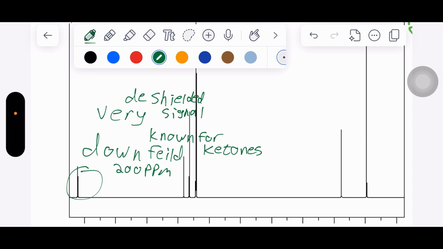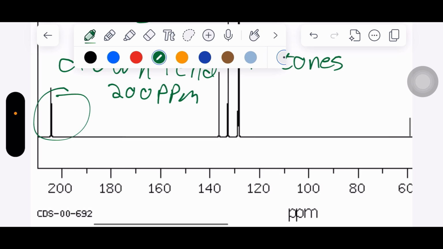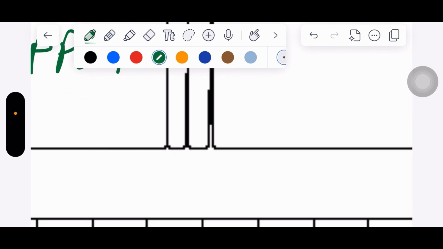The carbon directly attached to the carbonyl is around 130 to 140, somewhere. Let me change colors so I can show you guys.